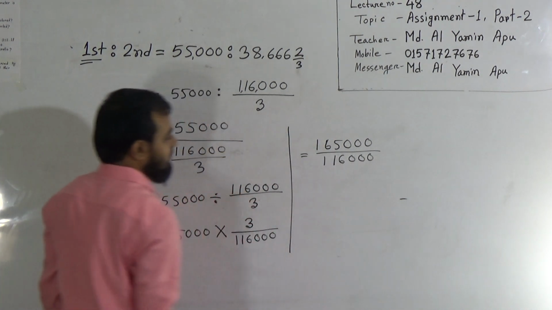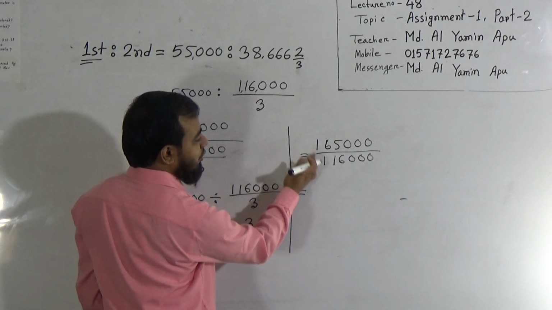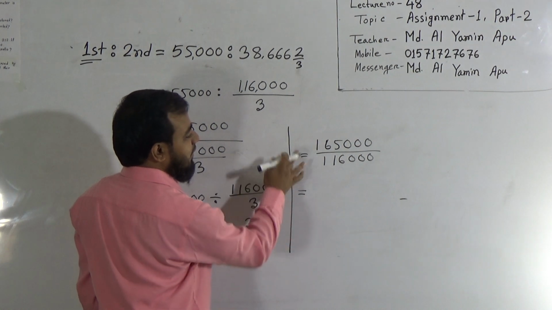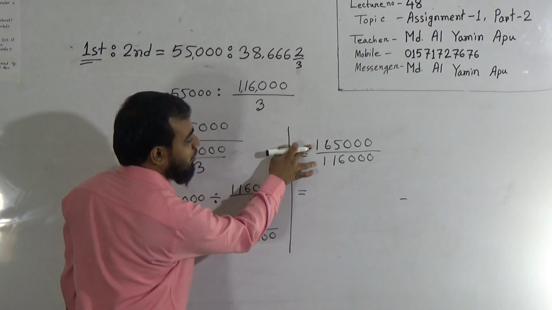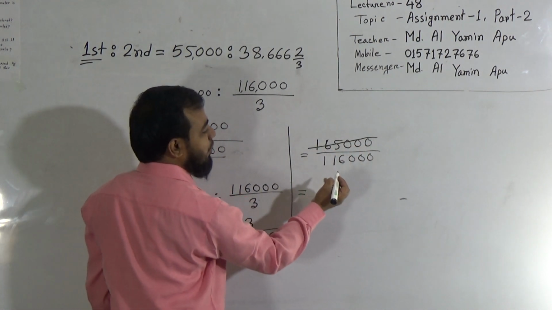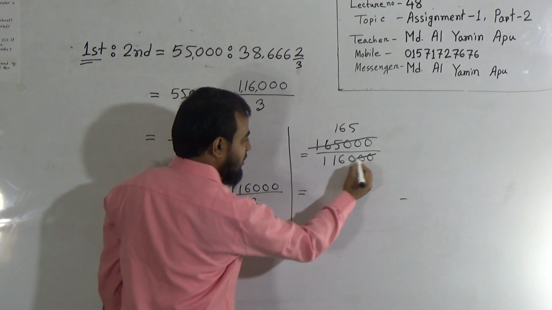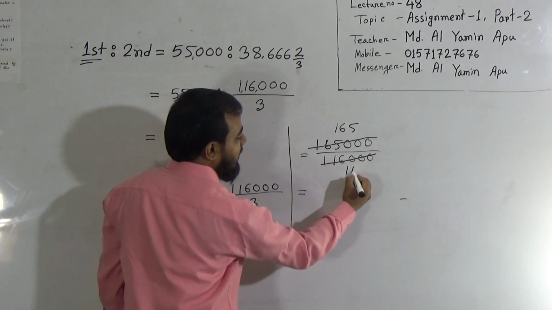Now we can cut both the numerator and denominator by 1000. That means we can divide both the numerator and denominator by 1000. When we divide the numerator by 1000, we will get 165. When we divide the denominator by 1000, we will get 116.